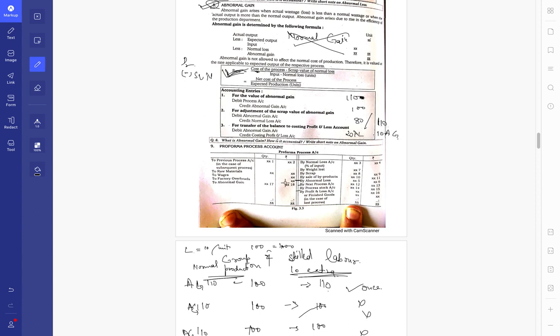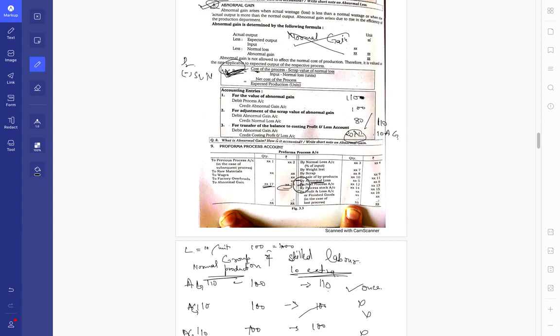If you have abnormal gain, you transfer it here. At what rate? At the rate which you calculated. And what about 20 abnormal loss? You transfer the 20 abnormal loss on the credit side. At what rate? Again, the rate we calculated. This rate remains the same for most of your items other than for those which is already specified in the question.